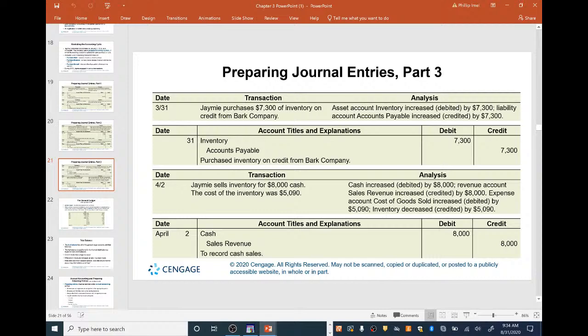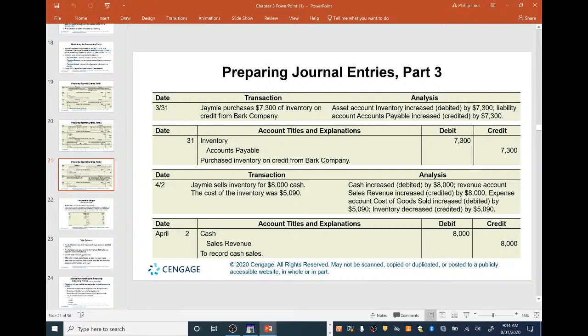Now, Jamie is also going to count revenue here because remember, she sold inventory. She's in business to sell her inventory. So when we receive the cash, the credit entry to that is going to be sales revenue of $8,000, which is the cash brought in from the sale of the inventory.